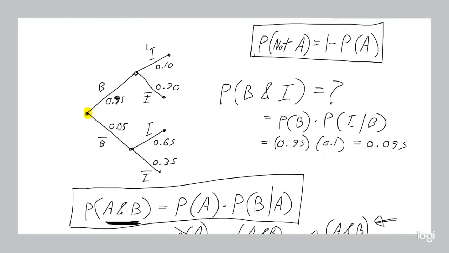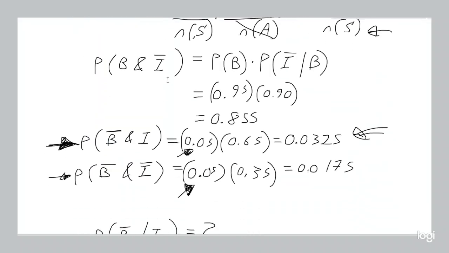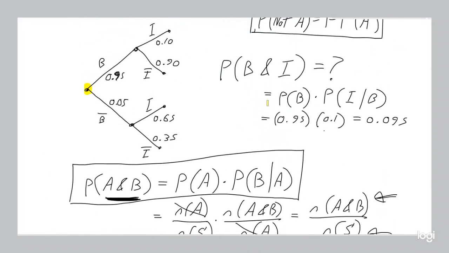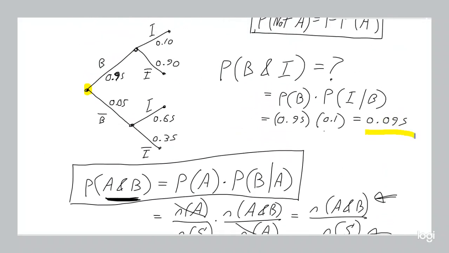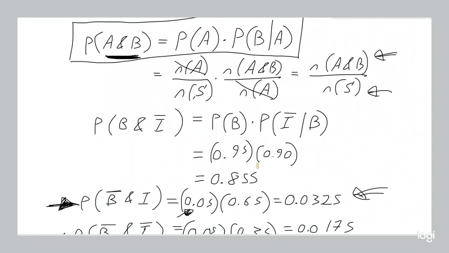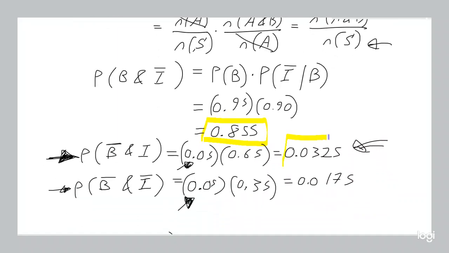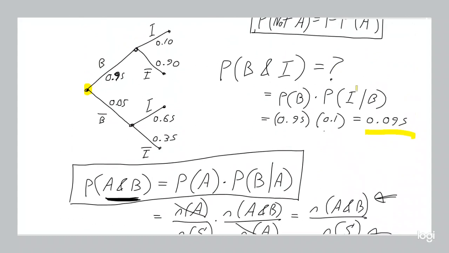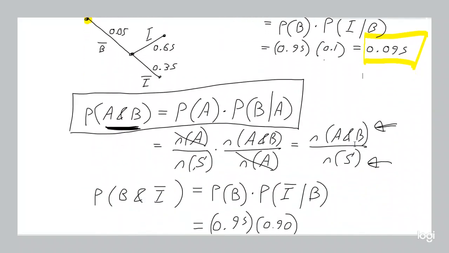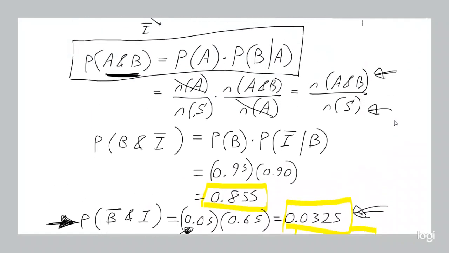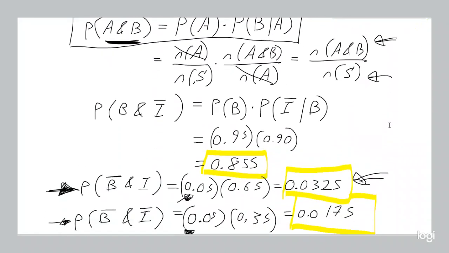All these numbers that we just calculated: belt and injury, belt and not injury, no belt and injury, no belt and not injury. These four numbers are all the possible end results. They cover all the bases, and they actually add up to 1.